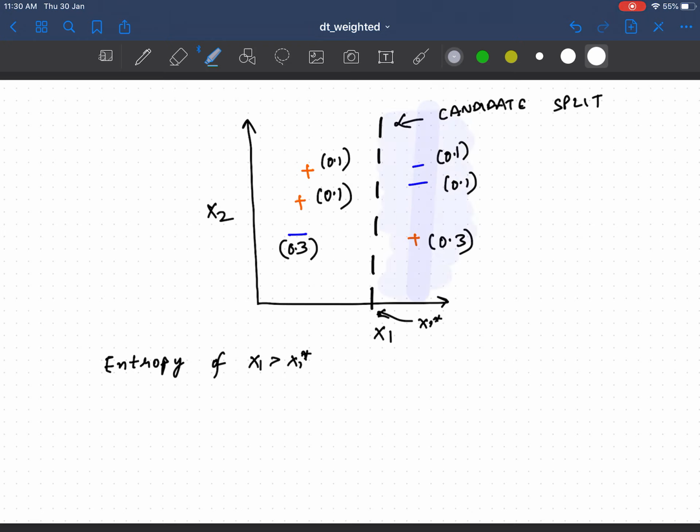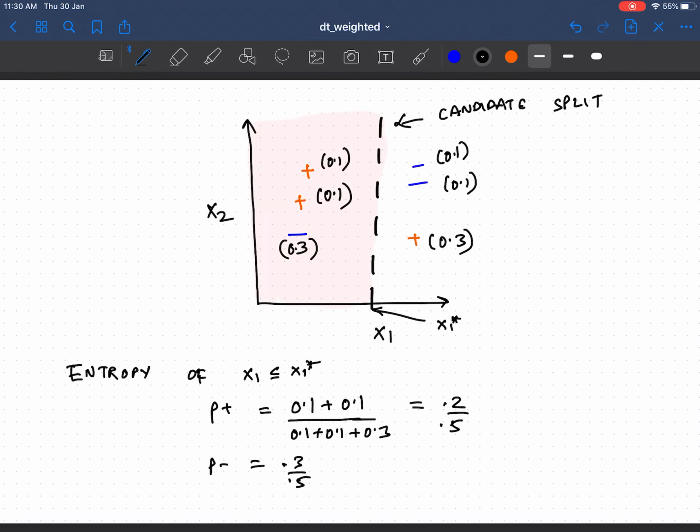For this region, we have probability of plus being 0.3 by 0.5, and probability of negative class being 0.2 divided by 0.5. So using this particular split, we can now calculate the entropy of the right-hand side also, and we have thus far calculated the entropy of the left-hand side also. Let's just call it E1.